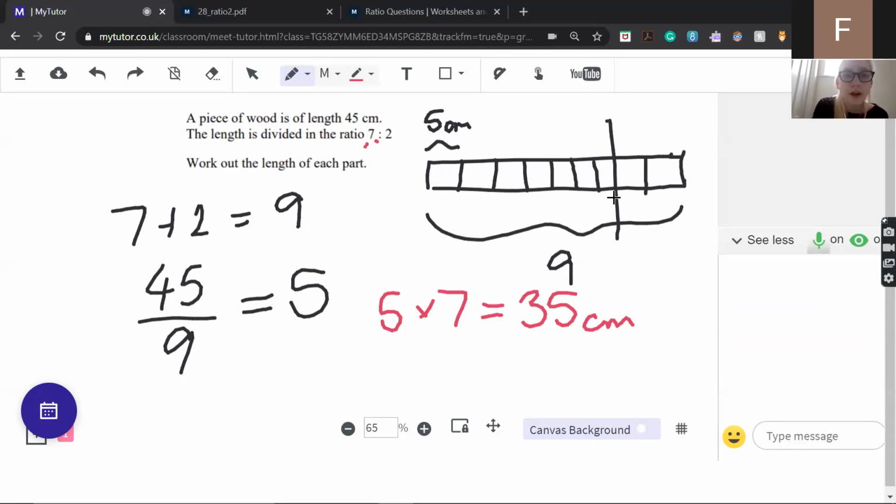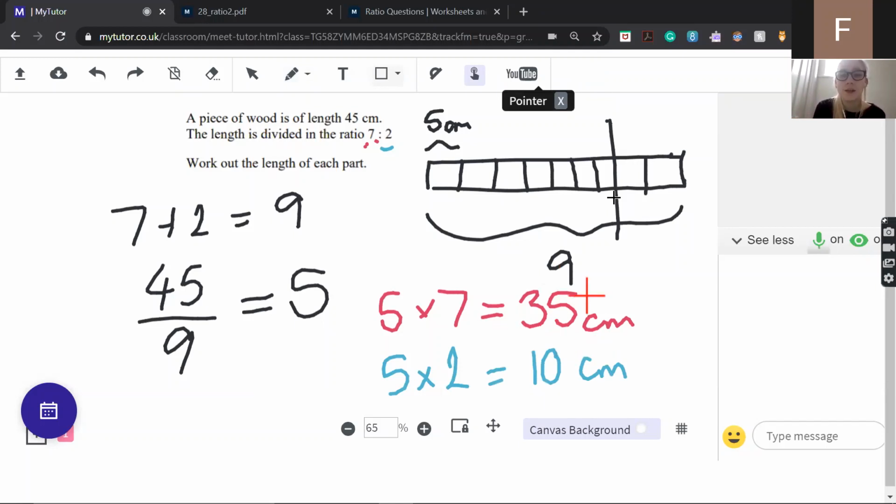And then we can have a look at this chunk here, which is 2. So it's 2 lots of those. I'll write it the same way around. It's that 5 centimetres times 2. 2 lots of that 5 centimetres, so 10. And what we can see is that these two add up to 45, which is perfect. That's what we wanted. So we've split that 45 centimetre piece of wood.